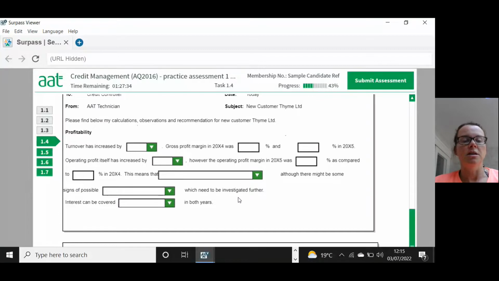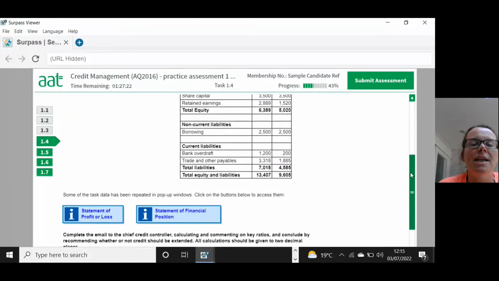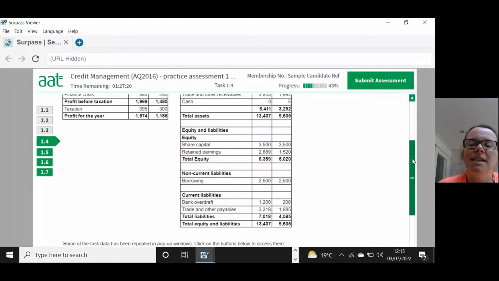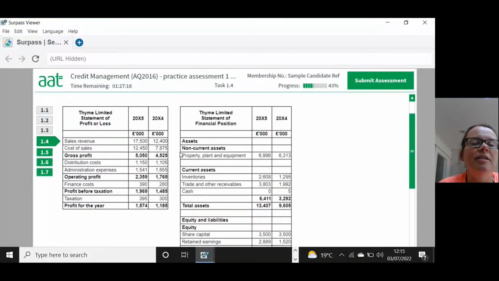So turnover has increased by, so if we're looking for a percentage increase, the way to do any percentage increase is to find the difference.